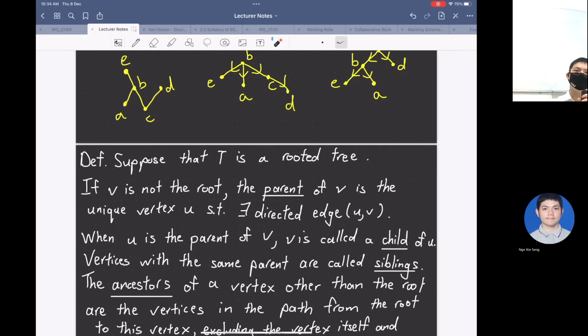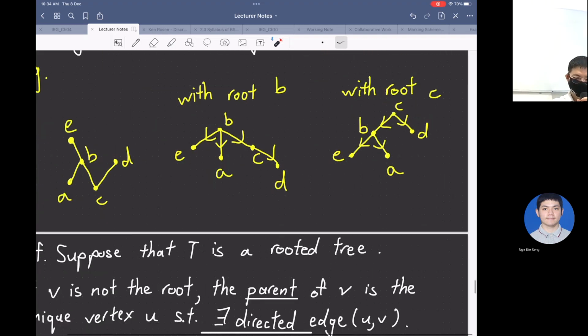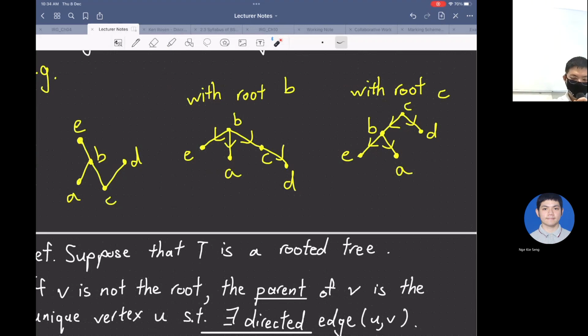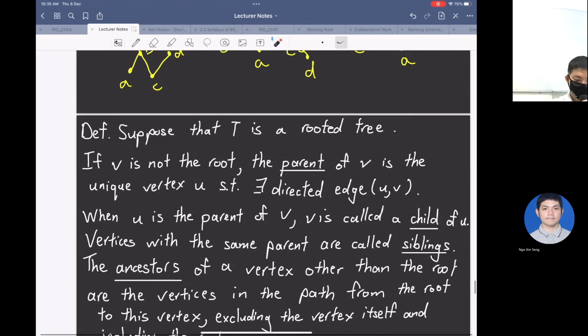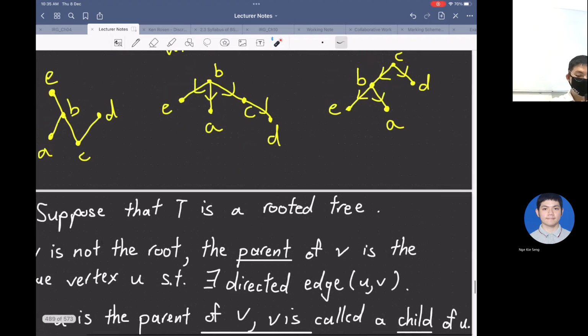Okay, next is ancestor. What do we mean by ancestor? All the guys above you are your ancestors. For example, who are the ancestors of E? It's B and C, right?